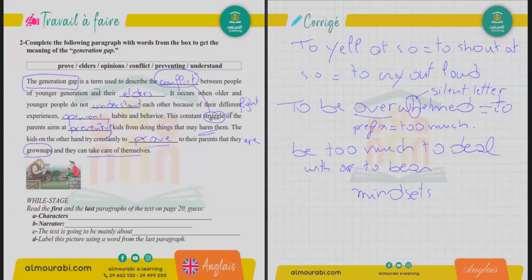Parents prevent kids from doing all the things they want to, and kids try to prove their own personalities, trying to prove that they are grown-ups. That's what we mean by a generation gap.